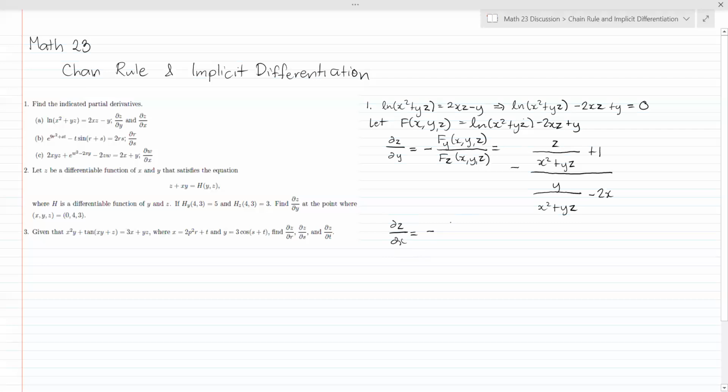So by formula, yung big F partial niyan with respect to x over F partial z. Okay? So, paano naman ang sa x? With respect to x, parang ln x squared plus yz and then 2x minus 2z here.